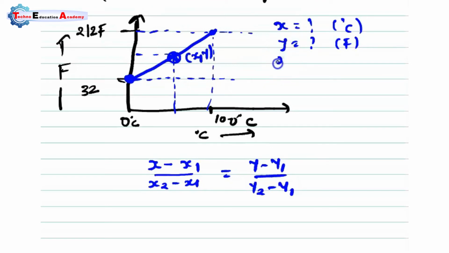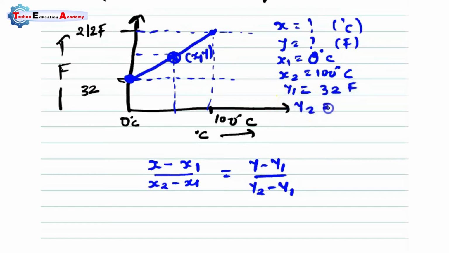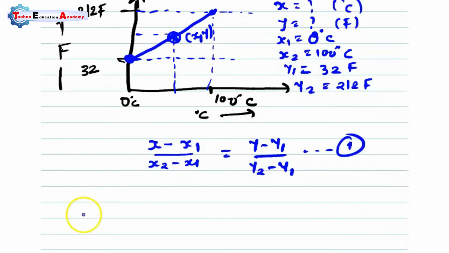Here x1 is 0 degree Celsius, x2 is 100 degree Celsius, y1 is 32 Fahrenheit and y2 is 212 Fahrenheit. Put all the values in this equation number 1 and we can get the relation between x and y.